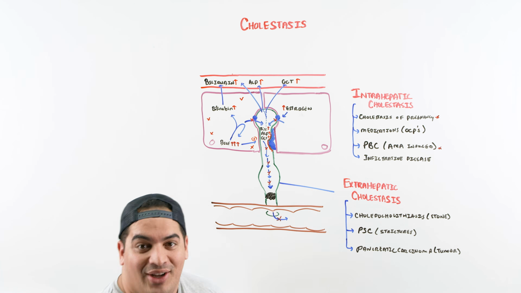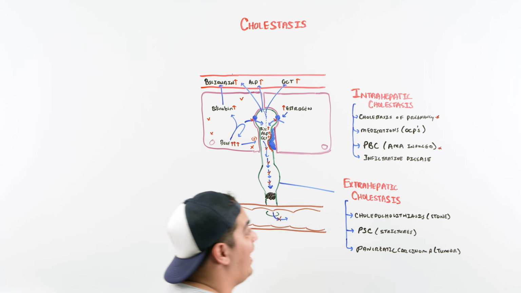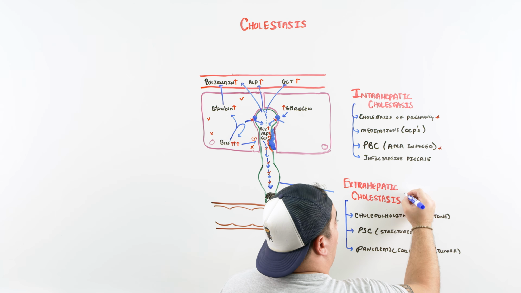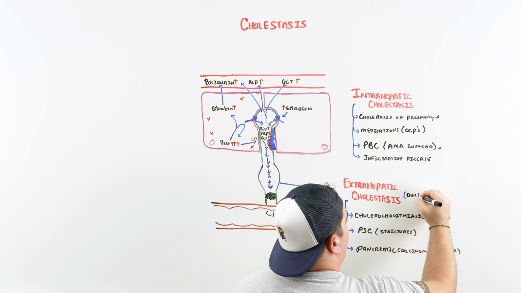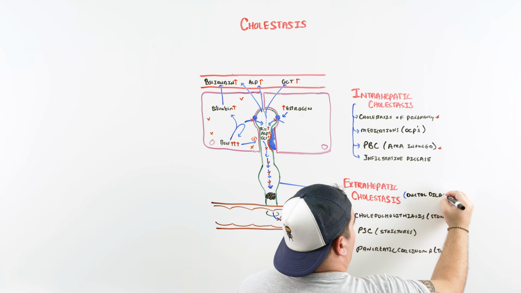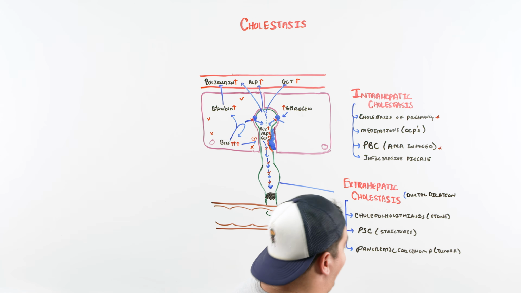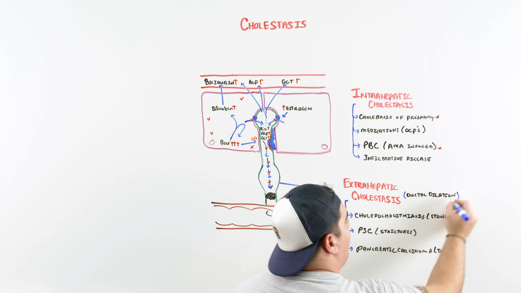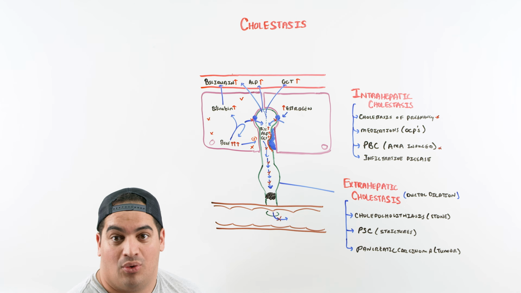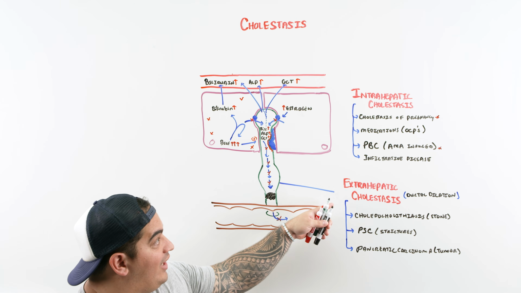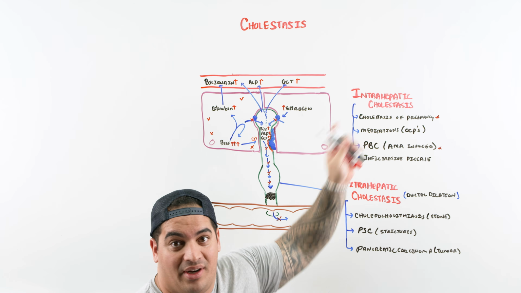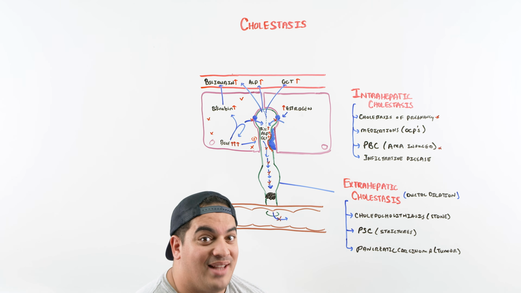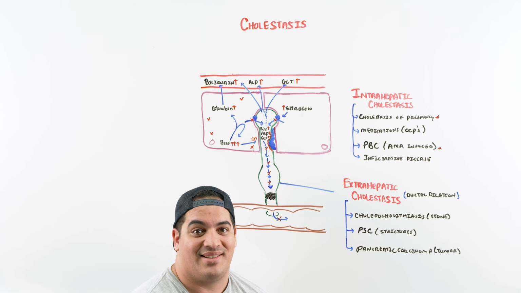So with extrahepatic cholestasis, the dead giveaway, when you do exams like a right upper quadrant ultrasound, is you look for what's called ductal dilation. If you see ductal dilation, it usually suggests more of an extrahepatic obstruction of some sort. If you don't see ductal dilation, it likely suggests an intrahepatic source, and you've got to go thinking about those particular scenarios. So oftentimes, that's what we're going to talk about in the diagnostic approach next.